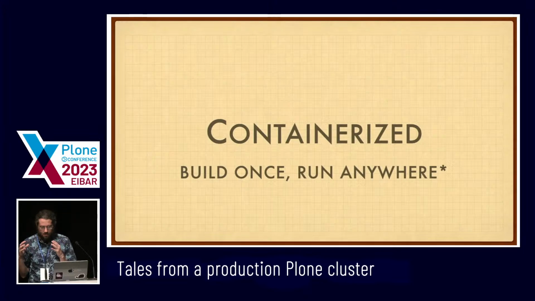But let me tell you a couple of things that I do like about Docker Swarm, even though they are traits that you can get elsewhere as well. It's containerized. So what I mean by that is we build an image somewhere, CI, maybe locally, and then we can deploy that image to multiple machines. So it's not like a build-out where we have to do the build process on each machine that we're installing to.